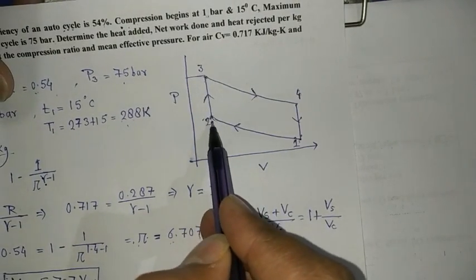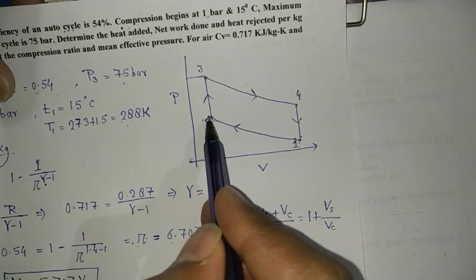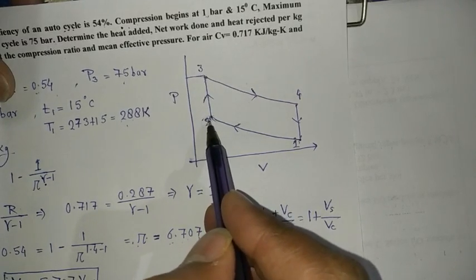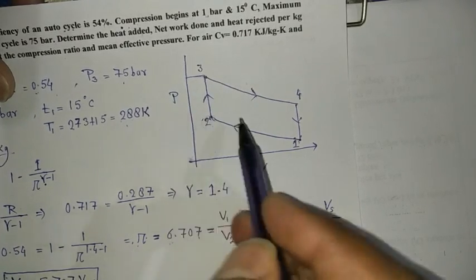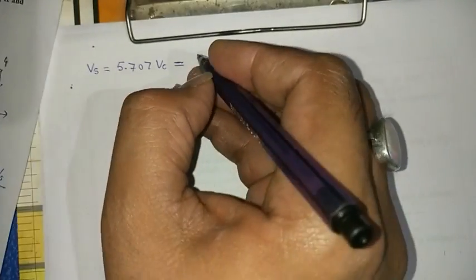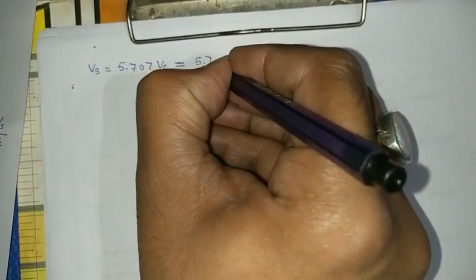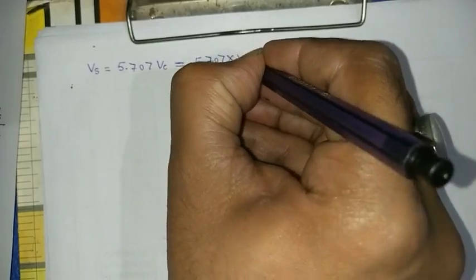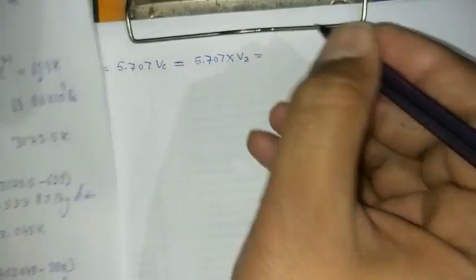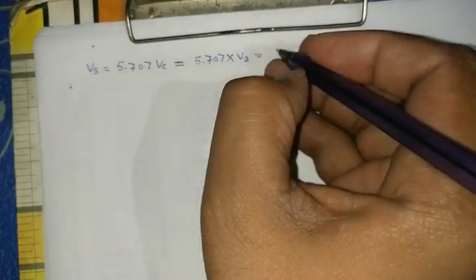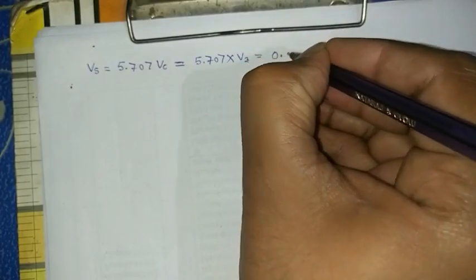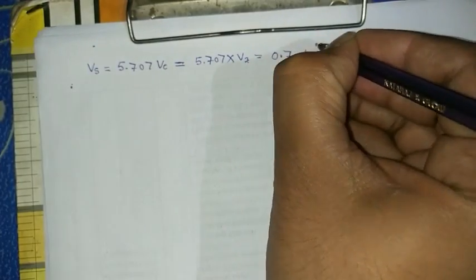We have already discussed that the magnitude of volume at state 2 is equal to the clearance volume. So V2 is equal to Vc, so we can put 5.707 into V2, and the value of V2 we have calculated. So Vs will come 0.7 meter cube.